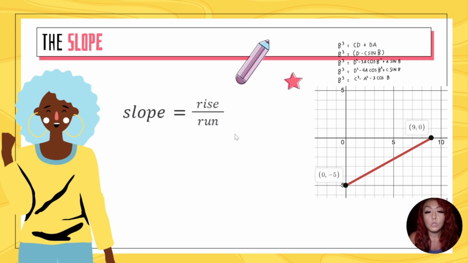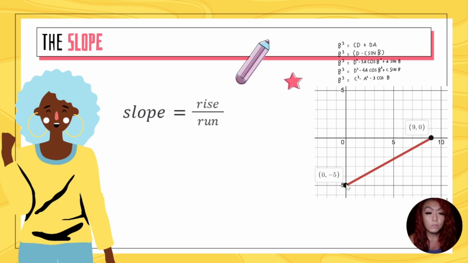Let's calculate the slope of this line using rise over run. So what you're going to do is start with 1 point. We'll start here with 0, -5. And we're going to count how many we rise, meaning how many we go up, and how many we run, how many we move to the right, in order to get to the point 9, 0.